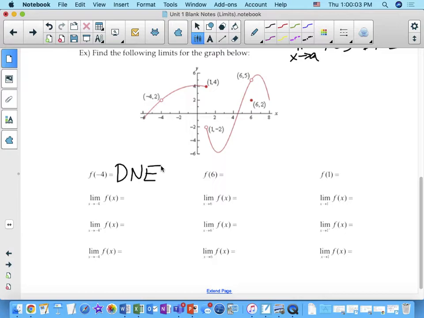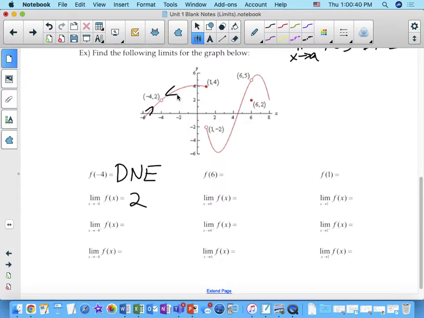Okay. What is the limit as x approaches -4 from the left of f of x, what's that limit? Yeah, 2. What about as x approaches -4 from the right of f of x? What's the limit?